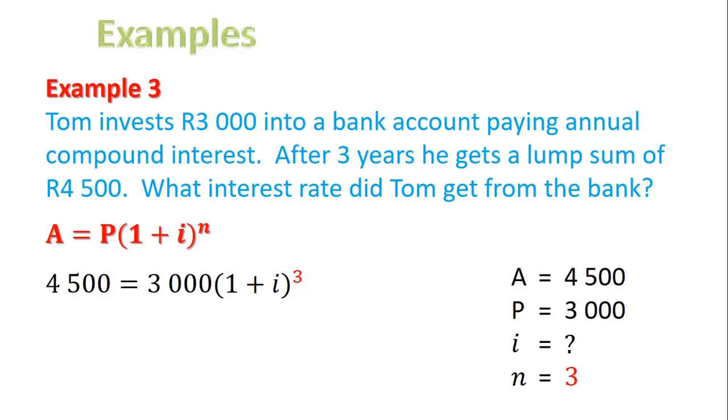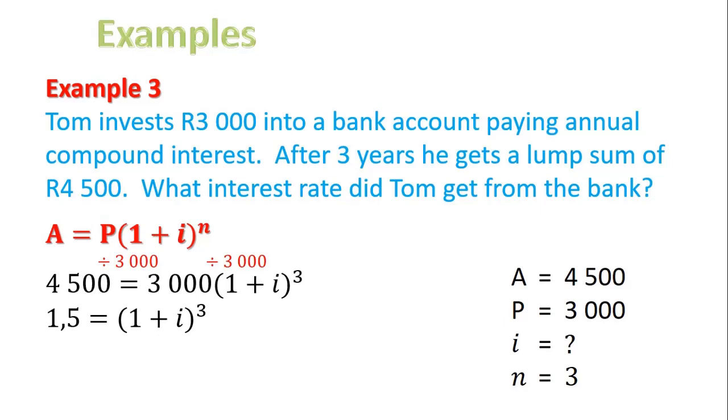And so what I do is I divide both sides by 3,000. 4,500 divided by 3,000 gives me 1,5, and that equals (1 plus I) all to the power of 3. So what I've done is divided through by 3,000, and so on the right hand side I've just got my bracket to the power of 3.